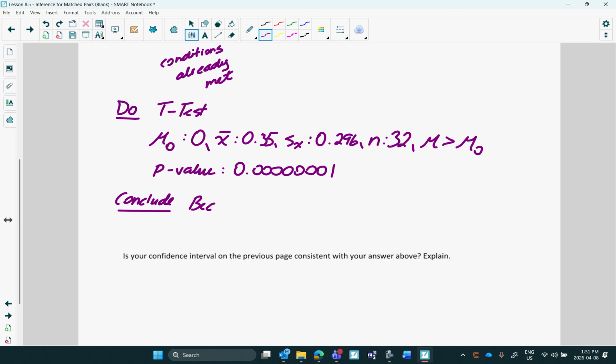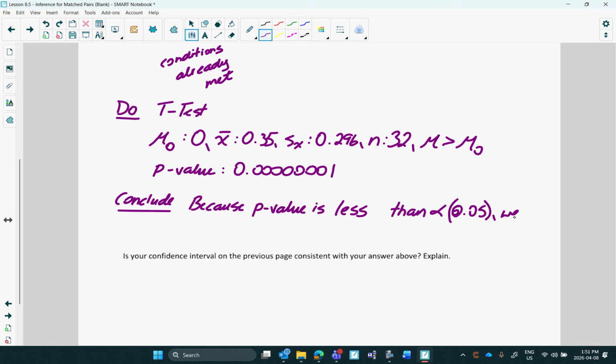And then again, we should know how to answer when we're doing the test, because p-value is greater than alpha. Less than alpha. Sorry. 0.05.